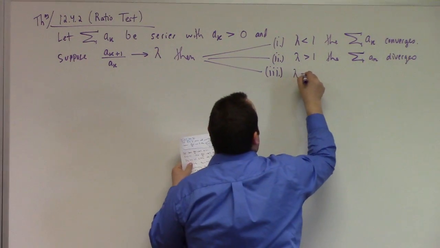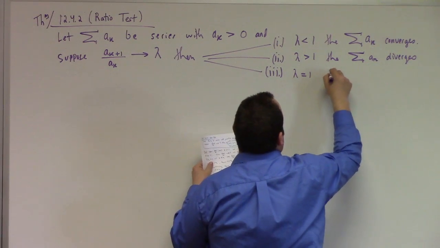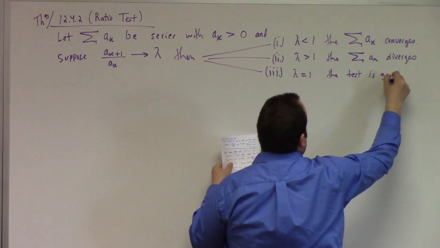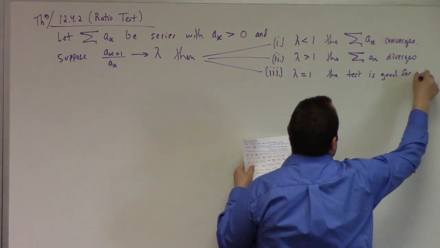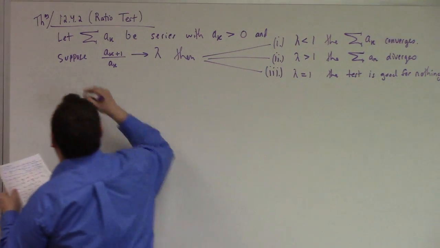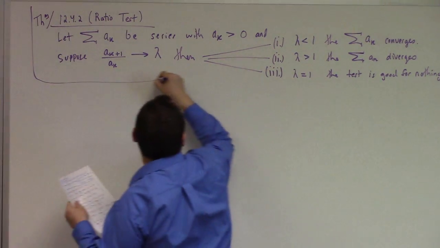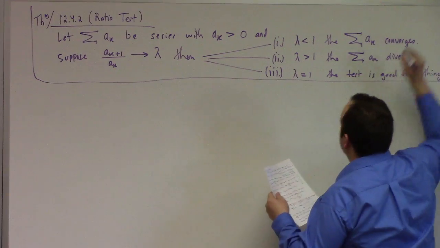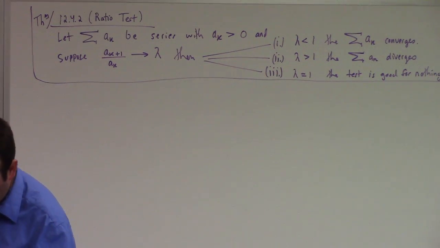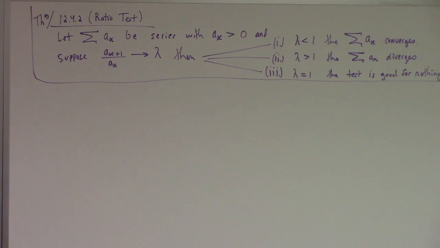If lambda is equal to 1, the test is good for nothing, except to tell you that you need to go consult other professional advice. It's inconclusive, right? Let's look at the proof of this.